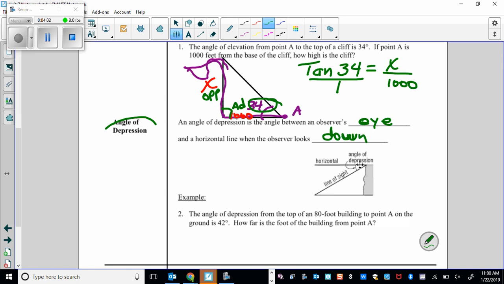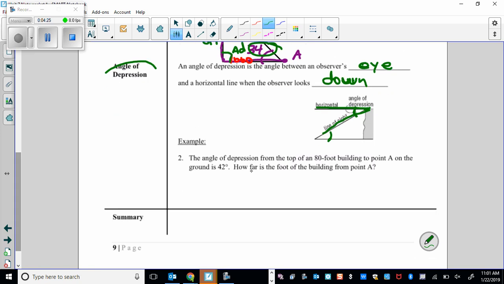If the person is standing here, this is the horizontal distance. When he is looking down, there is an angle being created right here. That's an angle of depression. The good thing is elevation is here and depression is here. They are both alternate interior angles, so they're going to be equal to each other.